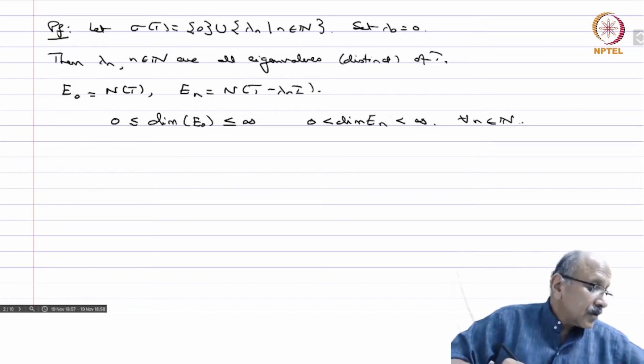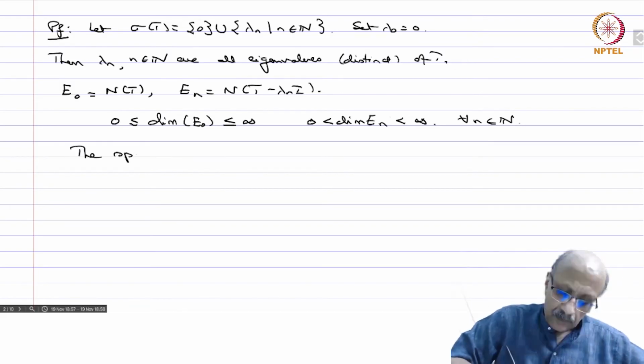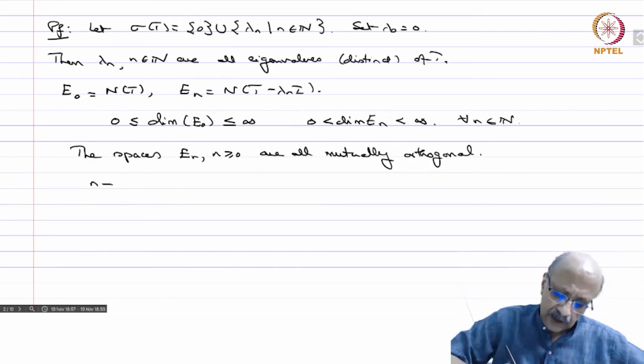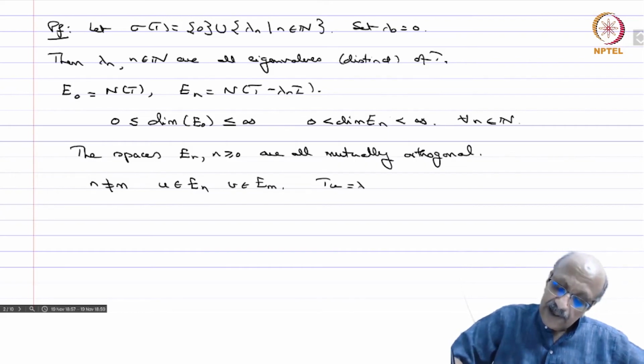Okay, so the spaces E_n, n greater or equal to 0 are all mutually orthogonal. Why is this so? Let n not be equal to m. So you get u in E_n, v in E_m. So Tu will be lambda_n u and Tv will be lambda_m times v.